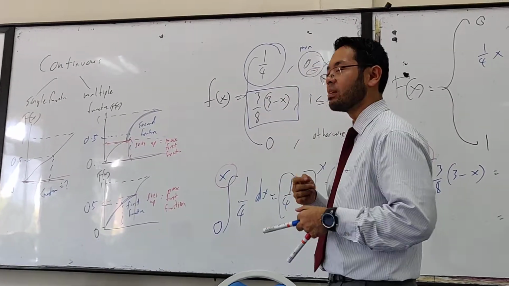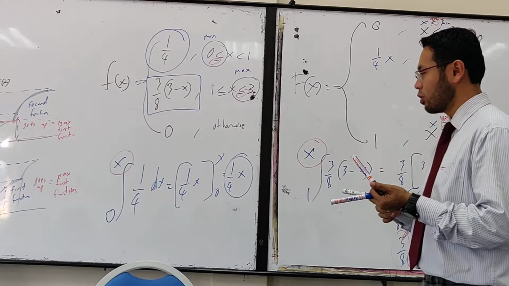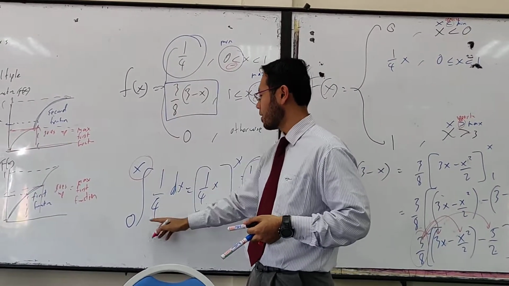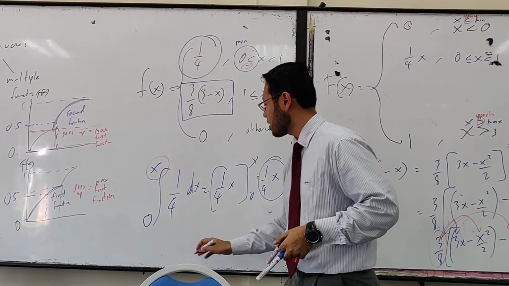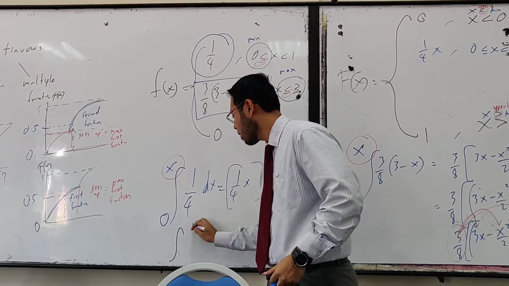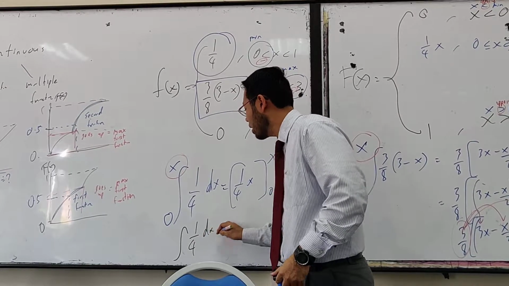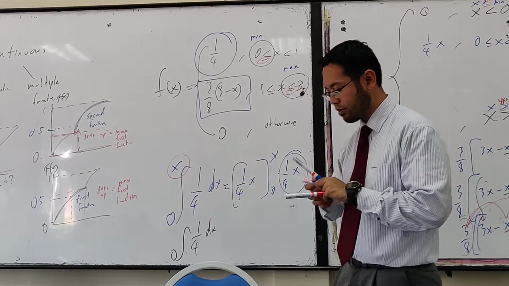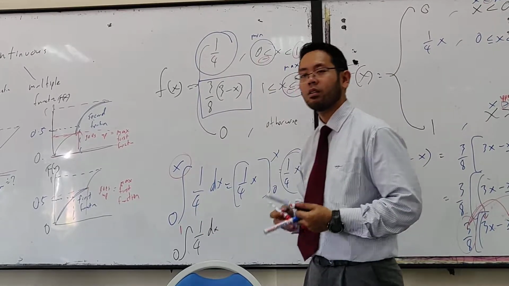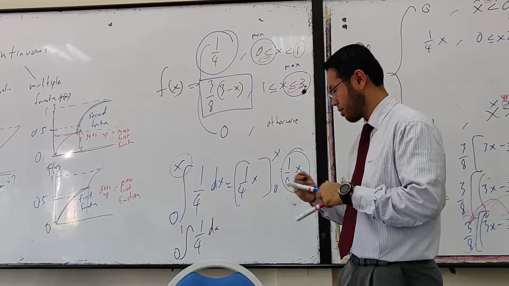So we need to calculate the maximum of the first function. So the maximum of the first function is this one here. Basically it follows the same process, just a slight difference: instead of 0, the maximum value 1.